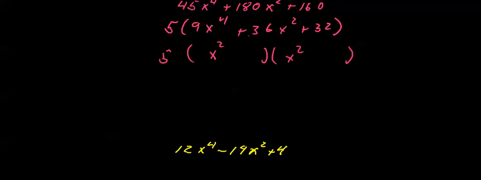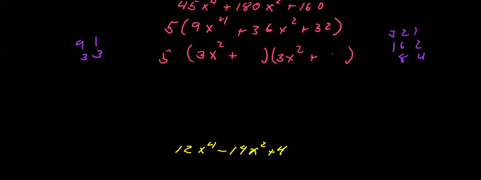Now, just like always, we look for our factor pairs. 9 and 1, 3 and 3, 32 and 1, 16 and 2, 8 and 4, and that's all there is. I'm going to try 3 and 3, 3x squared and 3x squared, plus and plus.